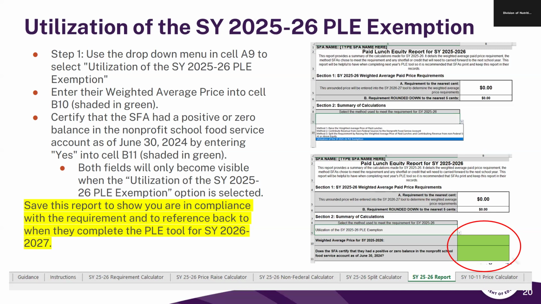Both fields will only become visible when the utilization of the 25-26 PLE exemption option is selected. So again, you're going to save this report to show that you are in compliance with the requirement and reference back to it when you complete the tool for the 26-27 school year.